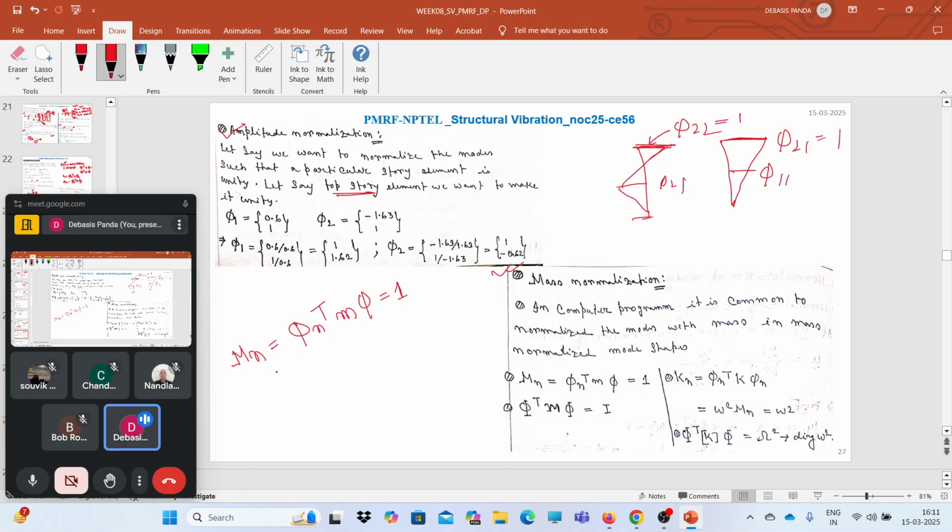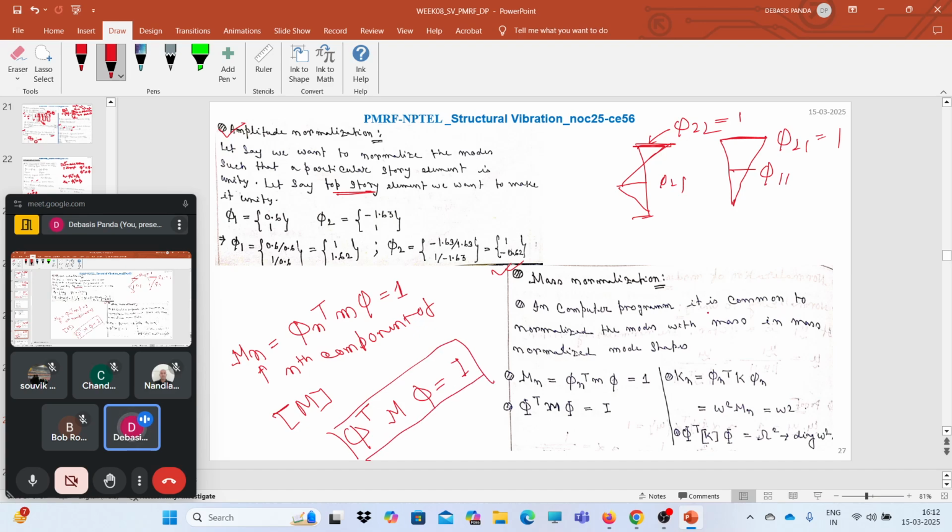Okay, and this is nothing but Mn represents the nth component of your mass matrix M. So ultimately what we can say, mode shape matrix or modal matrix multiplied by modal mass multiplied by again modal matrix is equal to an identity matrix. This we call mass normalized mode shape.